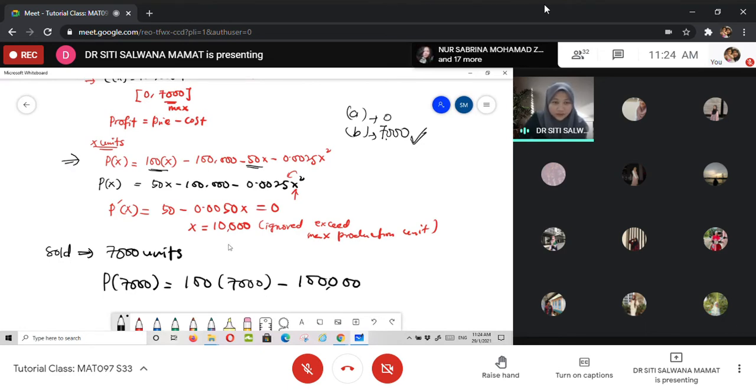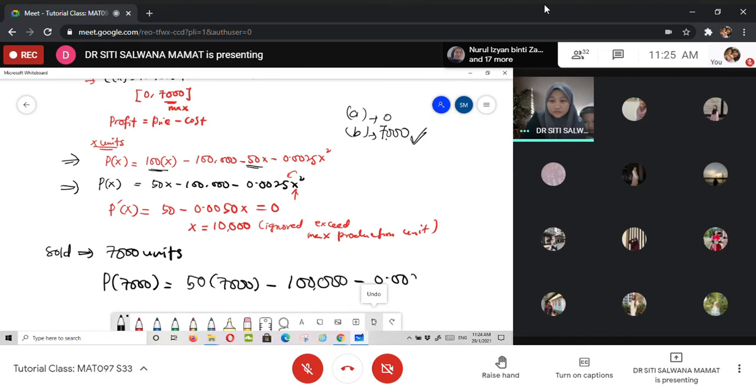Sekejap, salah I buat ni. Sorry. Okay, yang ni yang kita dah simplify tadi. So you ada 50 times kan dengan 7,000, minuskan dengan 100,000, minuskan dengan 0.0025 and then 7,000 square.